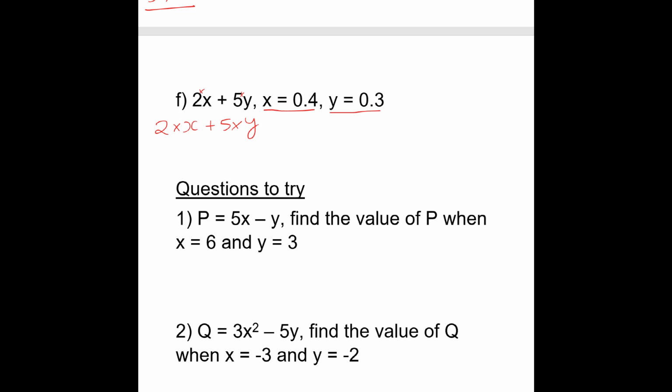And if I substitute in x equals 0.4, I have 2 times 0.4 plus, because y is 0.3, 5 times 0.3. 2 times 0.4 is 0.8. 5 times 0.3 is going to be 1.5, so I have 0.8 plus 1.5. If you're unsure of why this is, have a look back on the video on multiplying decimal numbers. This will give me a final answer of 2.3.